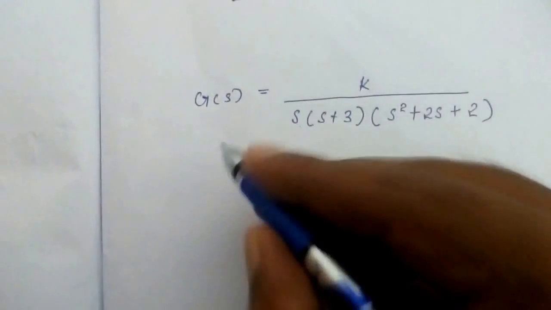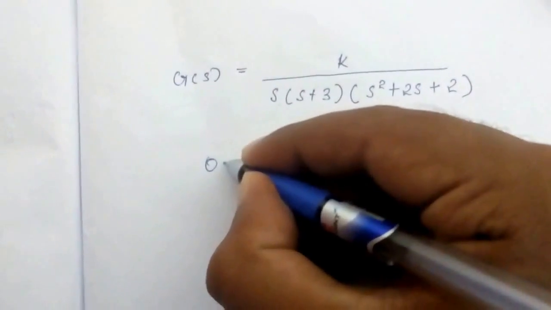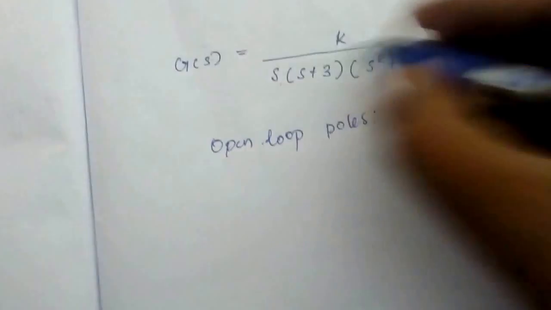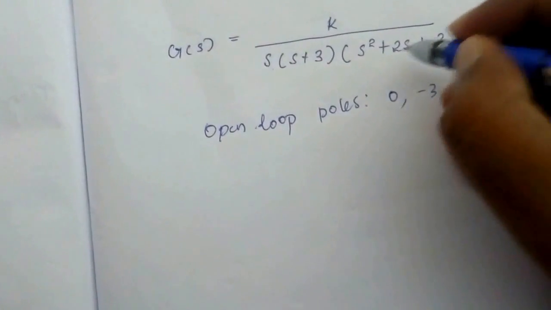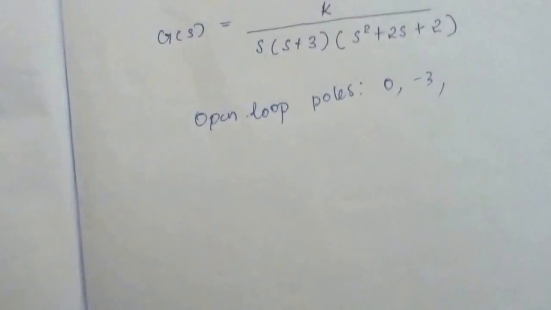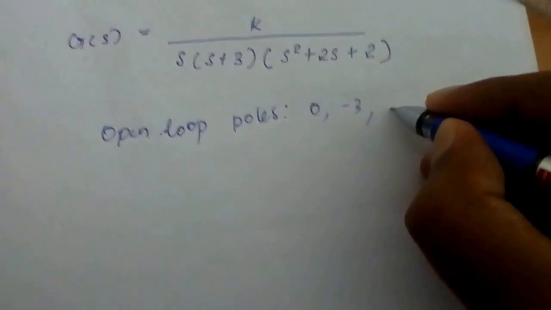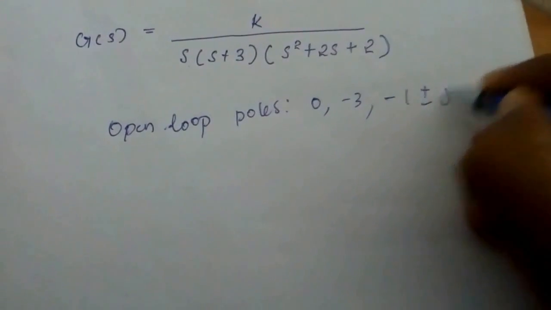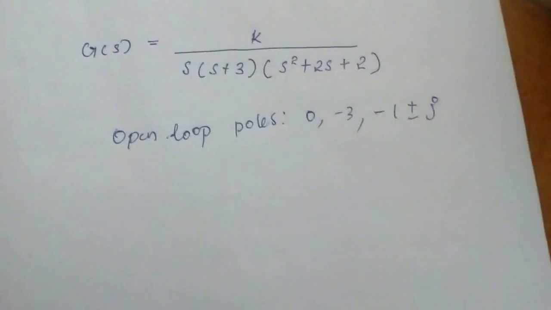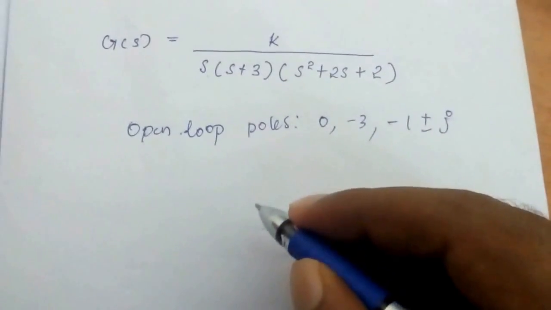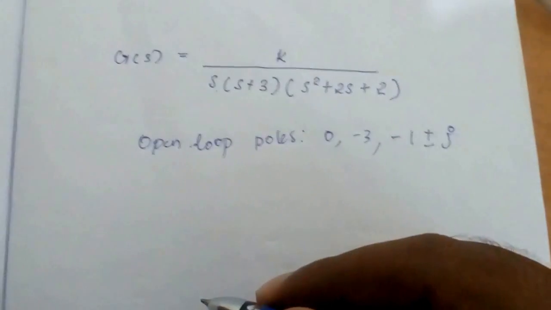By looking at the denominator, we have open loop poles at 0, -3, and by solving this equation we get two more open loop poles, -1 plus or minus j. So we have four open loop poles and zero open loop zeros.